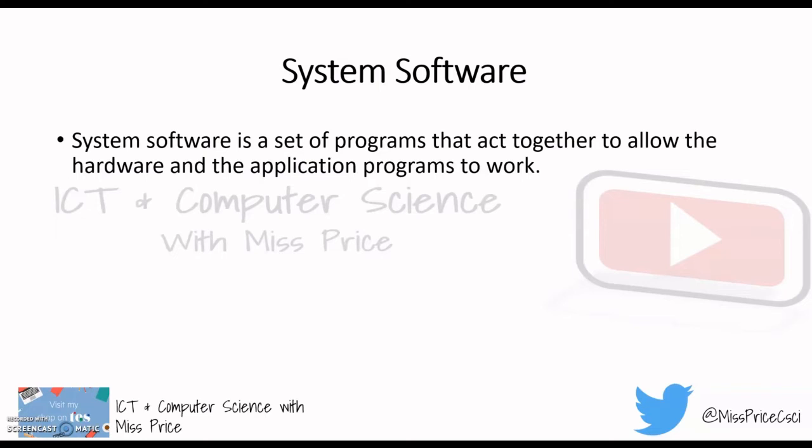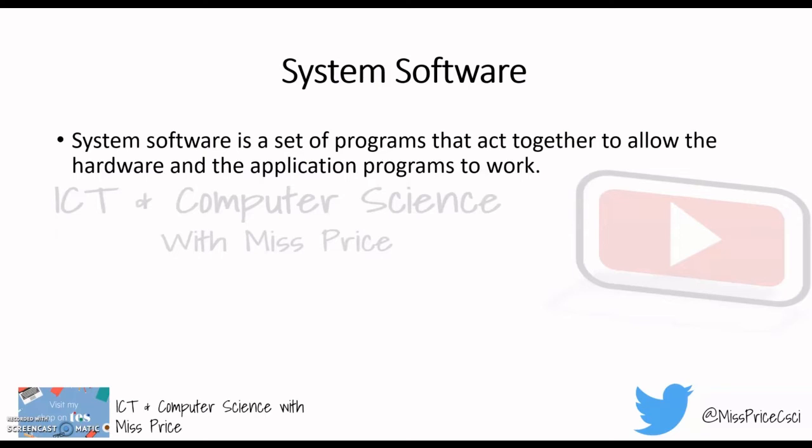Your application programs are the programs that you use, like PowerPoint, Word, all sorts of things like that, all kinds of applications that we use. And the operating system is the foundation of the computer. Without the operating system, the application programs simply will not be there.